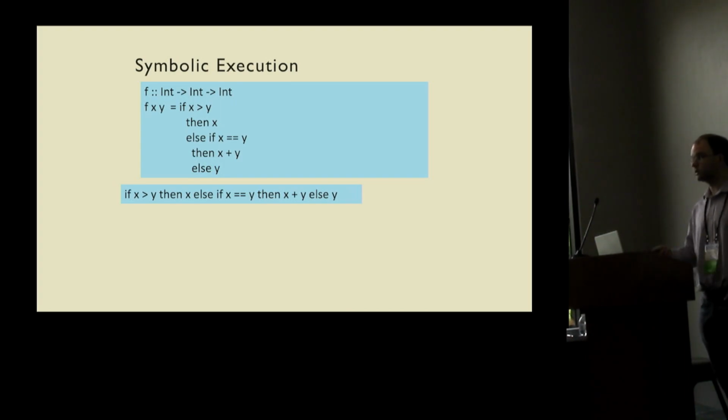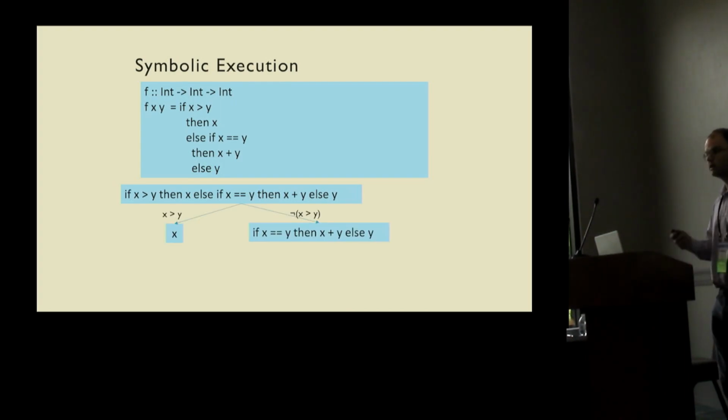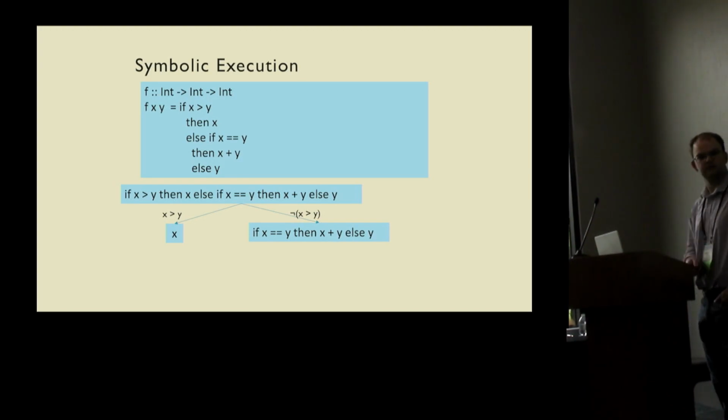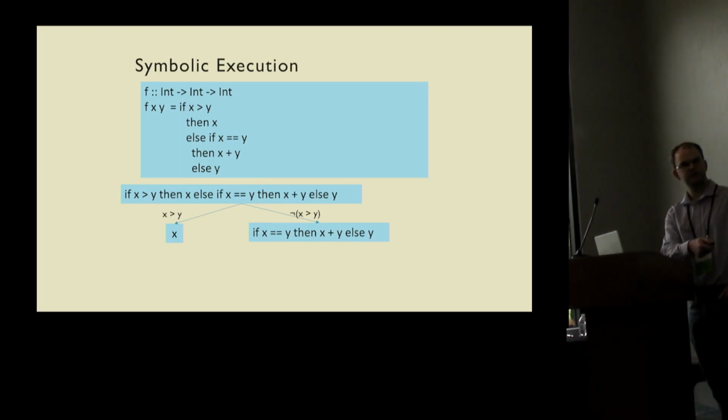So we're going to branch into two different states. In one state we'll get a path constraint that x is greater than y, and in that state we go into the then branch and just get x. In the other state we get a path constraint that x is not greater than y, and we go into the else branch and have this if statement.